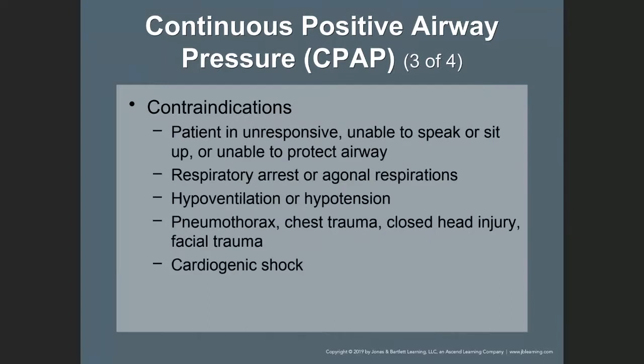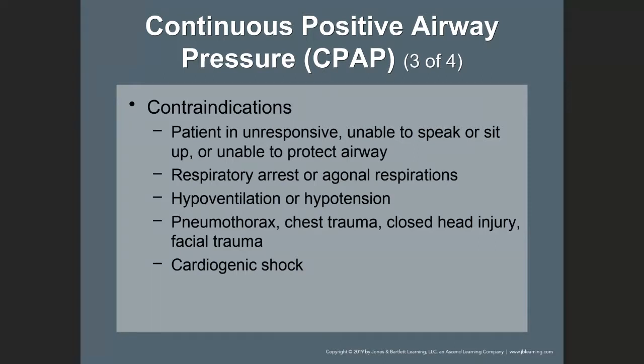Contraindications: if the patient is unresponsive, unable to speak or sit up, or unable to protect their airway, CPAP should not be used. If they're in respiratory arrest or have agonal respirations, if there is hypoventilation or hypotension, a pneumothorax, chest trauma, closed head injury, facial trauma, or cardiogenic shock.